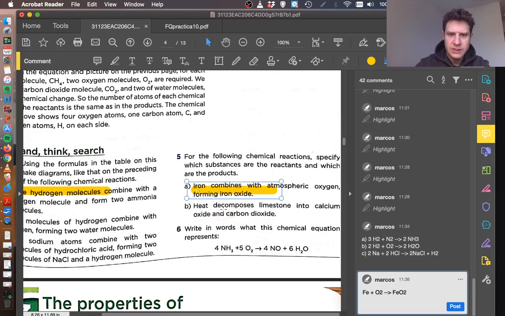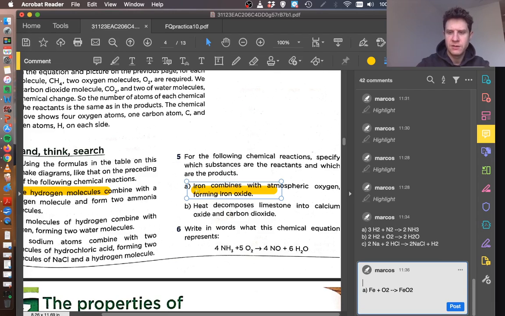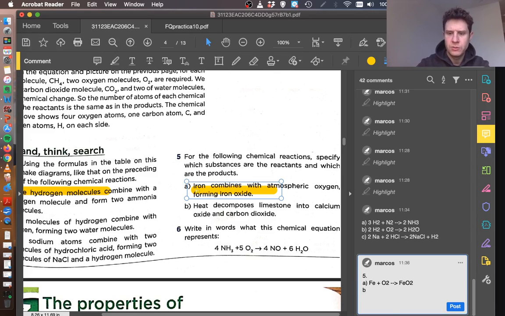So we have heat decomposes limestone into calcium oxide and carbon dioxide. This is A. Sorry, this is exercise 5. I will put it here. And the B one will be limestone into calcium oxide and carbon dioxide.